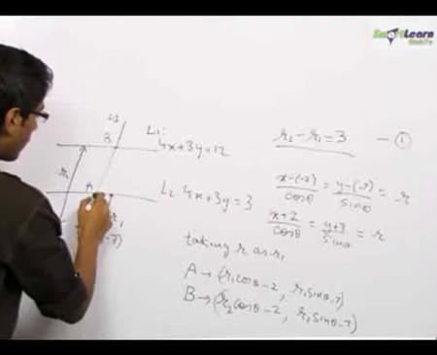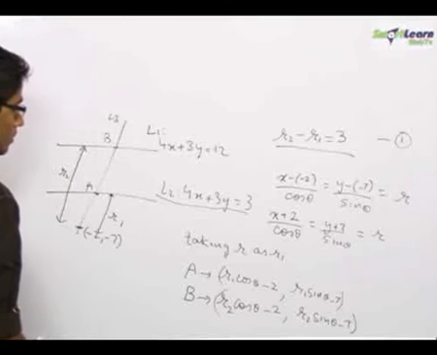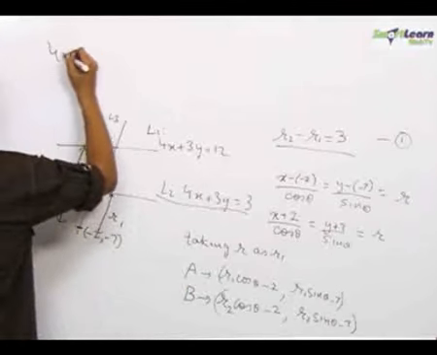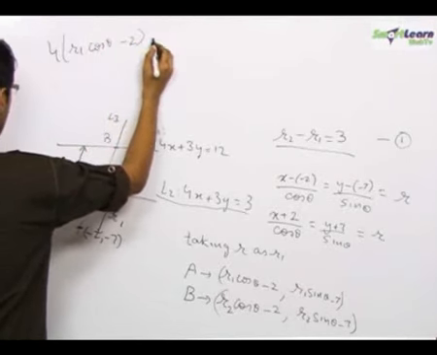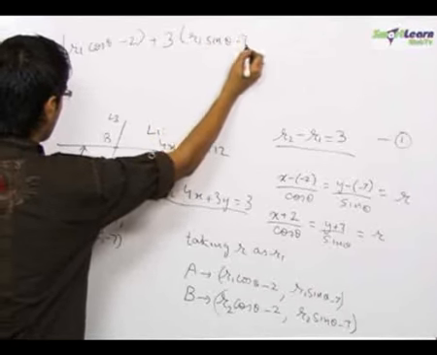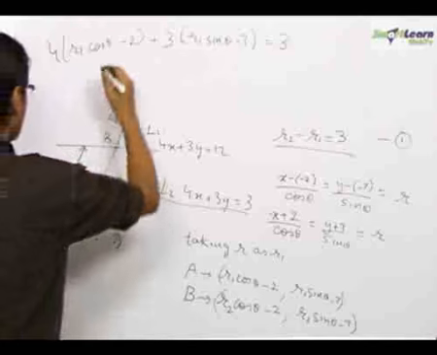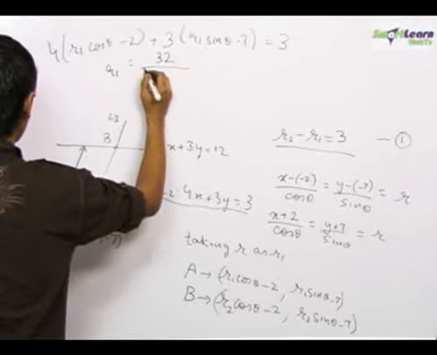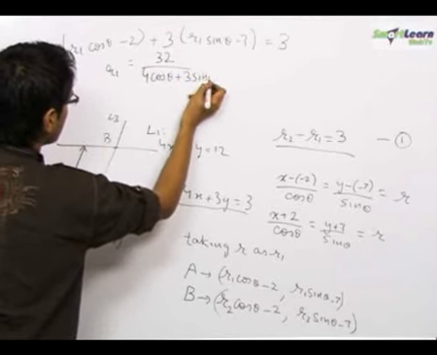Now we know that the point A satisfies the line L2, which is 4x + 3y = 3. So putting the coordinates of A in the line L2, we get 4(r1 cos θ - 2) + 3(r1 sin θ - 7) = 3, which gives us the value of r1 as 32/(4 cos θ + 3 sin θ).